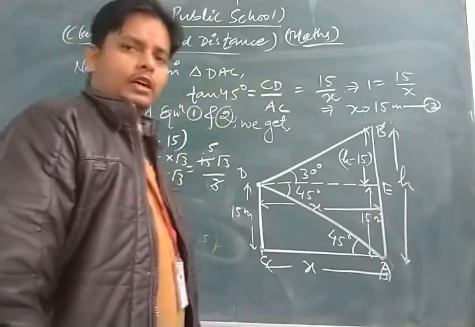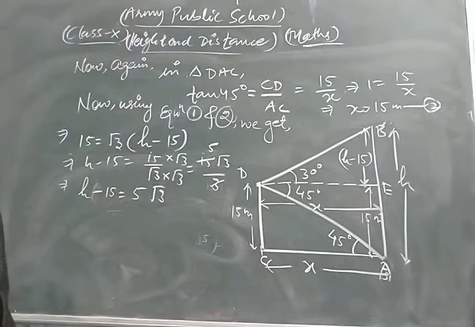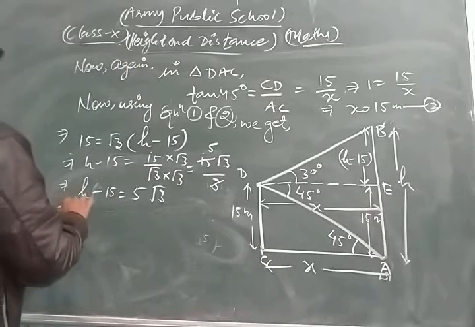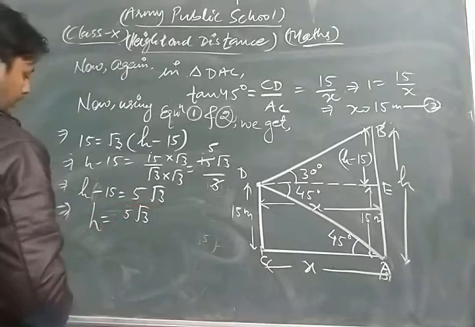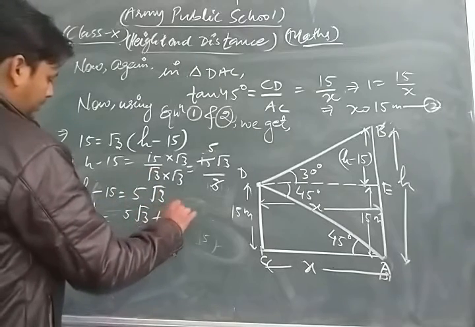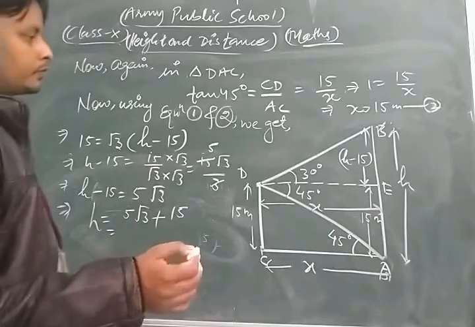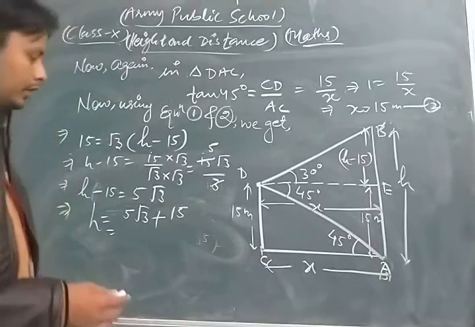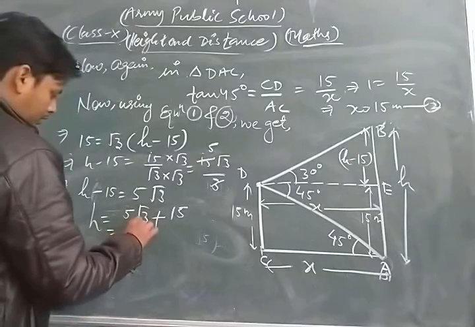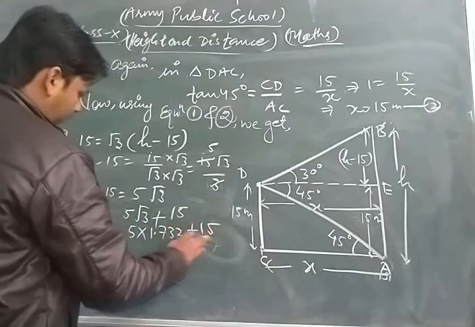Now we transfer that to the other side. So H is equal to 5 root 3 plus 15. Now in that question the value of root 3 is given, that is 1.732. So now we just put the value. 5 times 1.732 is 8.66. Plus 15.